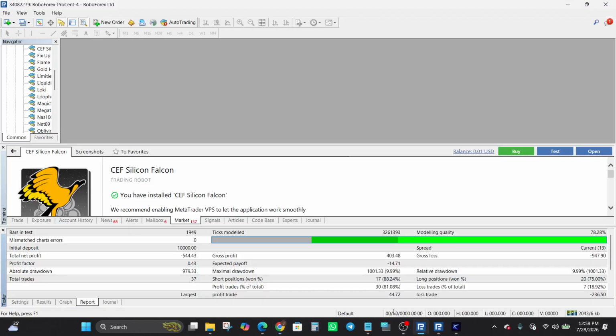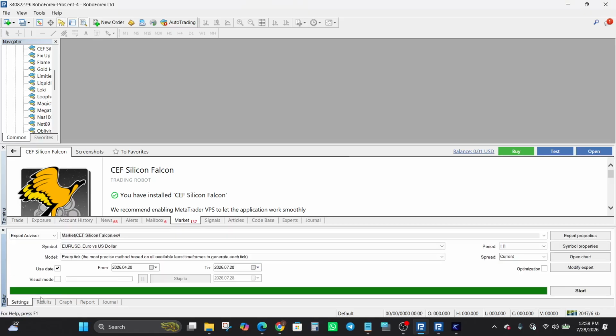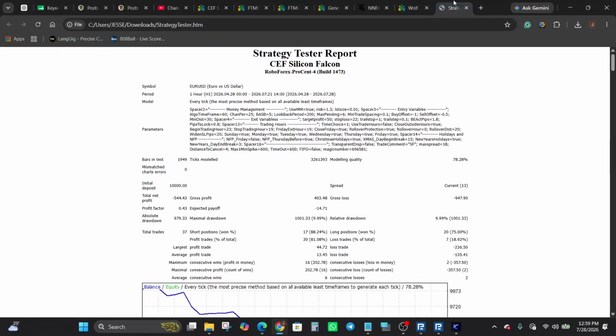I ran this test on a $10,000 account on EURUSD on the H1 chart, as recommended, covering roughly 3 months from late April through late July 2026, with a modeling quality of about 78%.